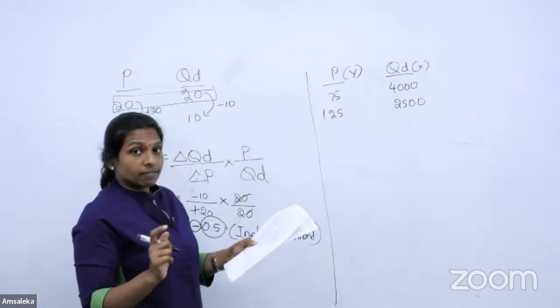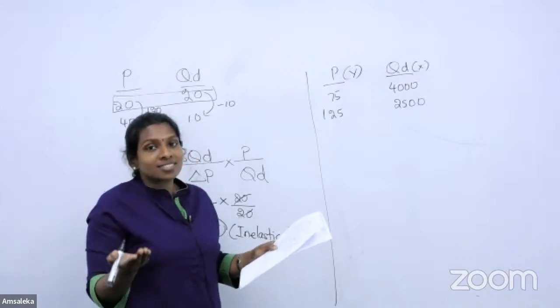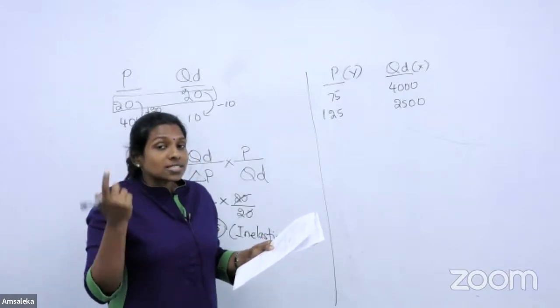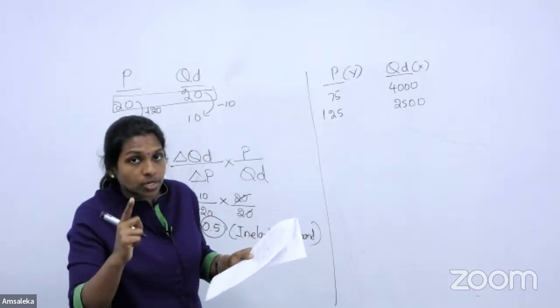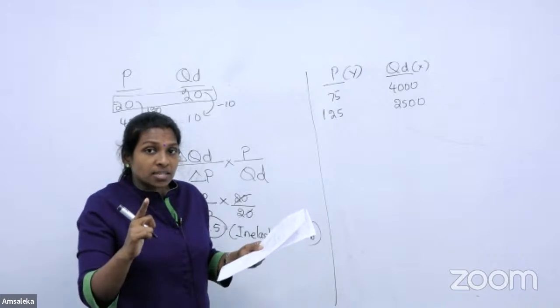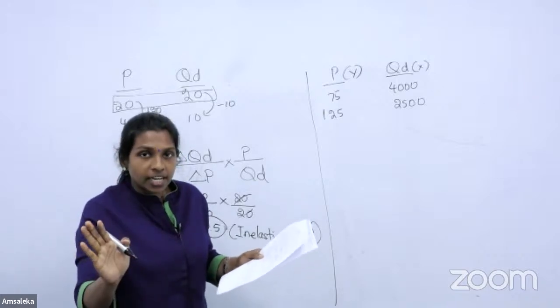Two different goods are given, so it is about the cross elasticity of demand. Plus means substitute good. Minus means complementary good. Zero means non-related good.